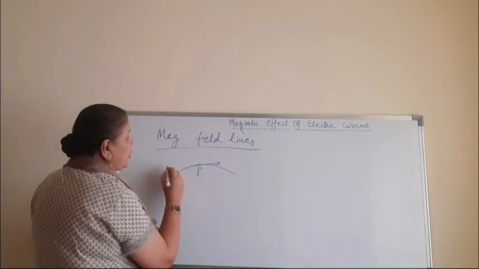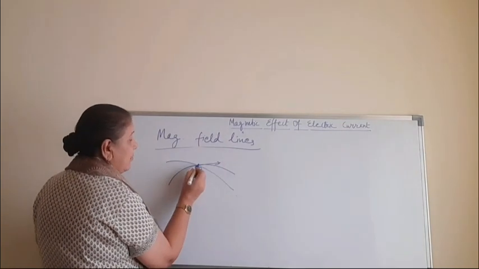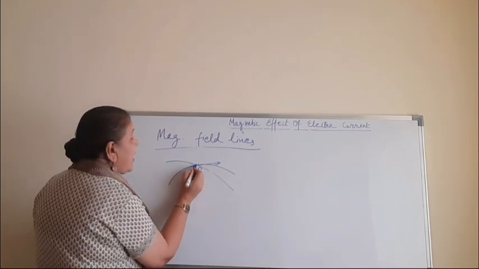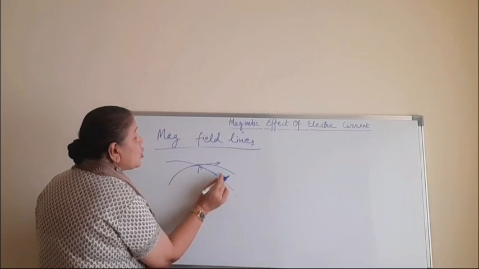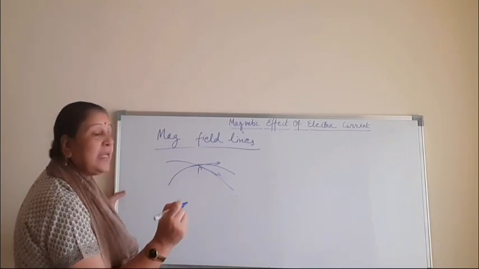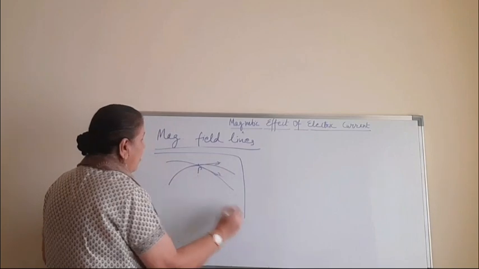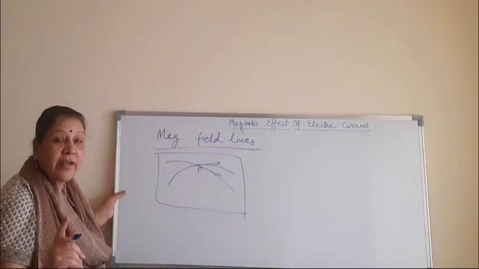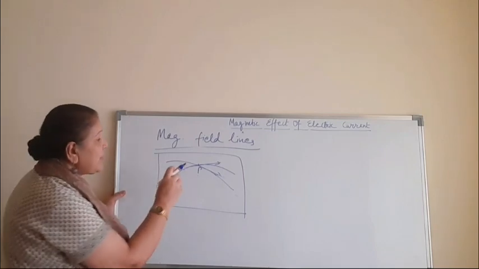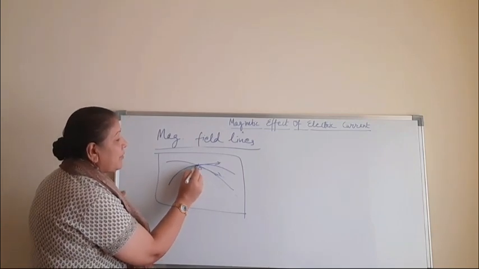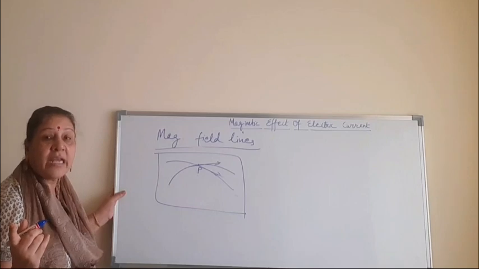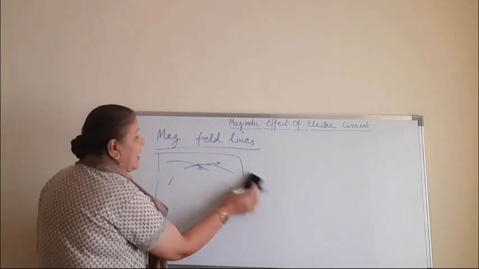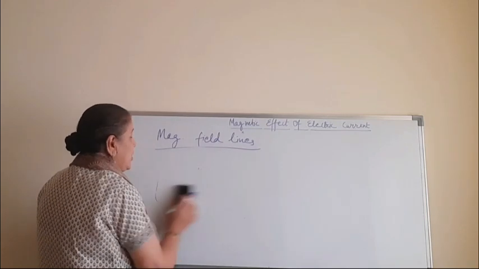If they cross each other, say these are intersecting, I have one direction at this and one direction at this. The magnetic field at a point will have only one direction. But when they are intersecting each other, at the point of intersection I can show two directions of magnetic field, which is not possible. So that's why two magnetic field lines can never intersect each other.